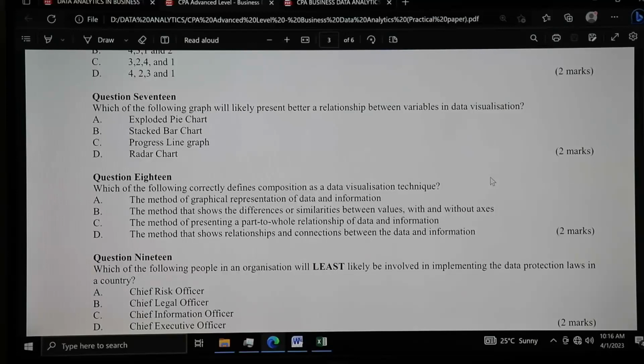The file I'm sending is the one we are using to discuss models, data models. So I have given the assignment: go and attempt that paper 2021.